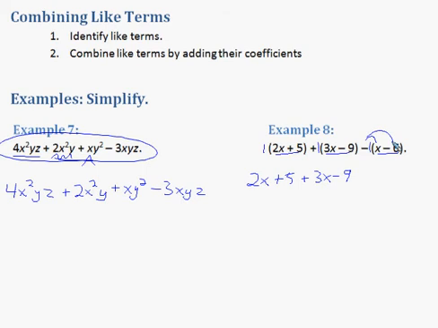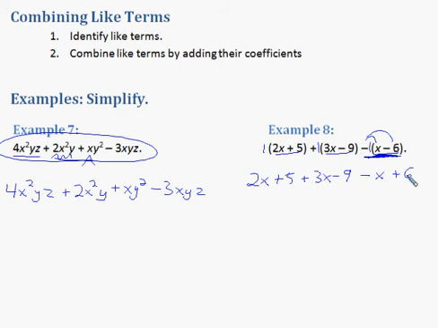So when you have a negative outside here, just a negative, you can think these two terms in here are going to become opposites. So instead of having a positive x, we're going to have a minus x. Instead of having a negative 6, we're going to have the opposite, which is a positive 6. So whenever there's a negative outside the parentheses, everything inside those parentheses gets the opposite sign. Very, very important to understand.